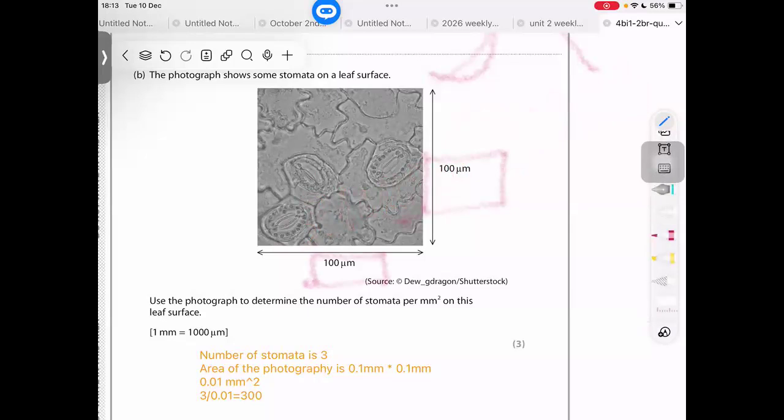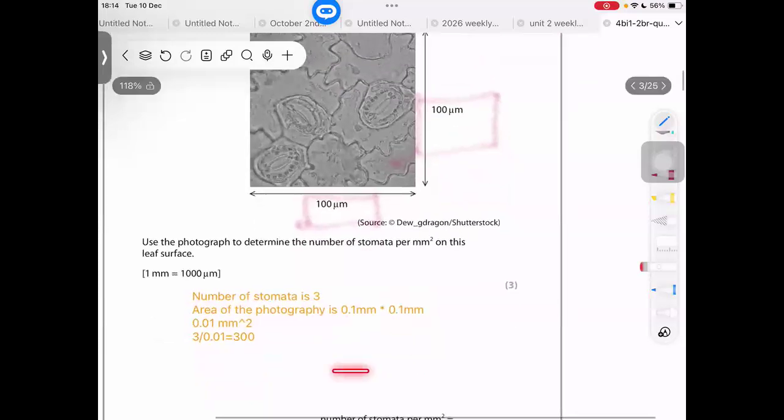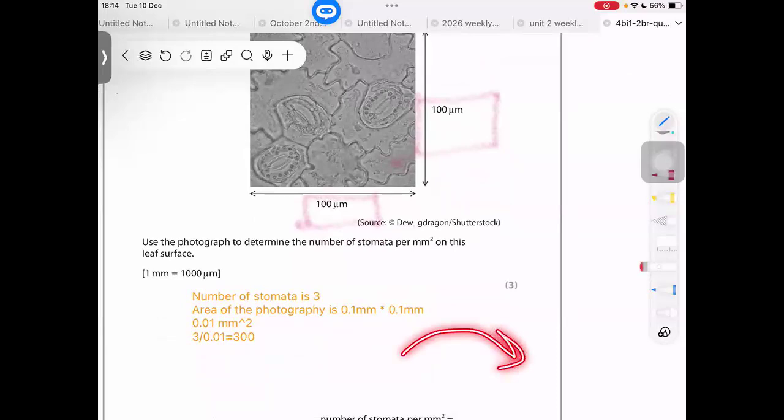Since they're asking us how many stomata are there per millimeter square, it's better for us to convert these micrometers into millimeters so that we won't face any errors when doing the conversions after getting that big final value, rather than converting our final value into the required units. It's better if we can convert them in the first place itself.